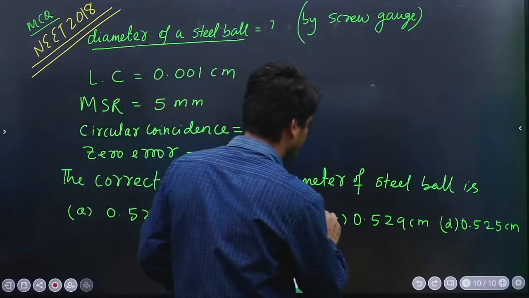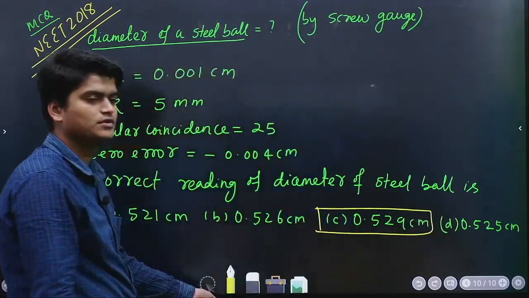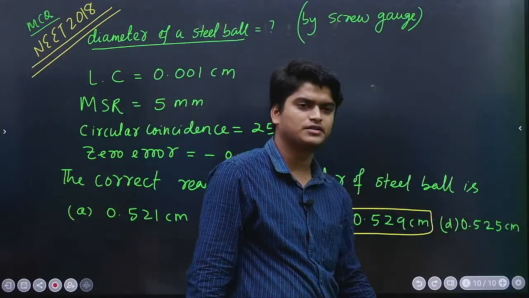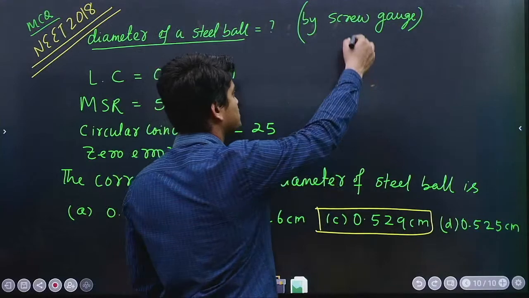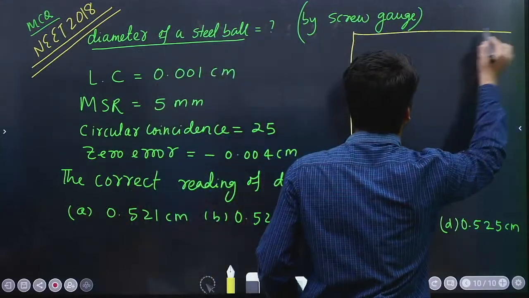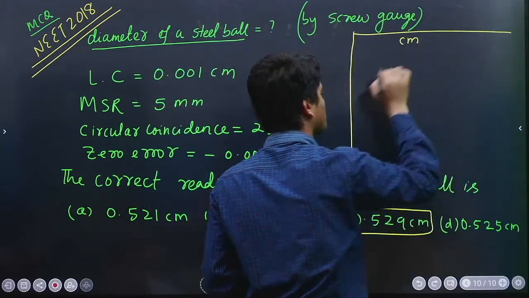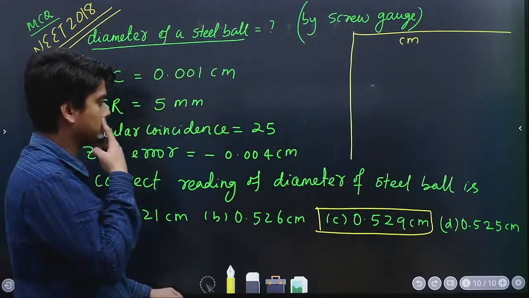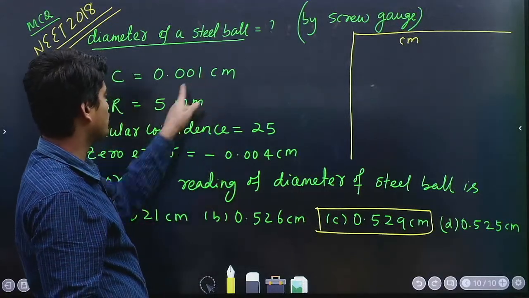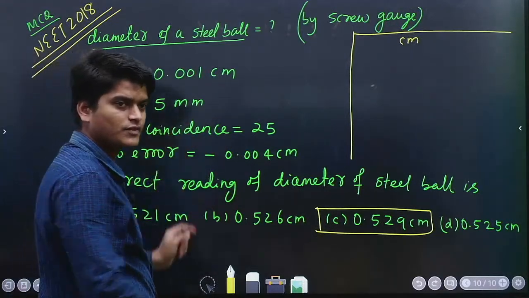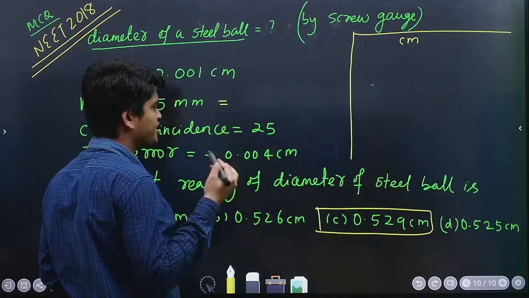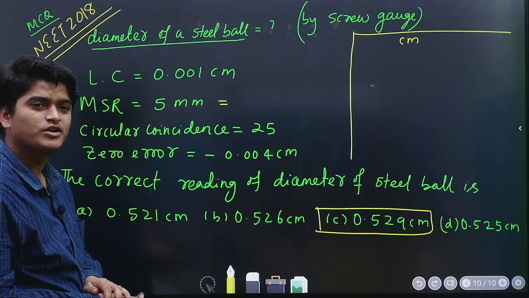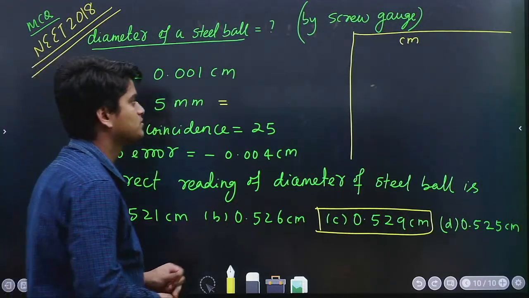So the answer is C. See, first of all check the options. Are they given in centimeter or millimeter? Centimeter. Options are given in centimeter, so our aim is to calculate all answers in centimeter. Now here is the only problem: 5 millimeter is how much centimeter?